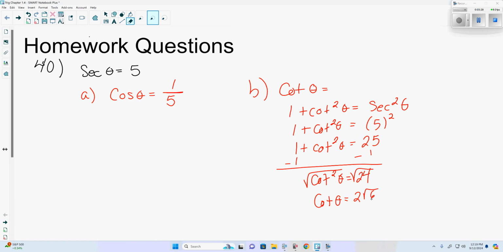So this would actually not be B, this would be technically C, because cotangent of theta is 2 square root of 6. B is asking for cotangent of 90 minus theta. So, questions on A or C before we look at B?